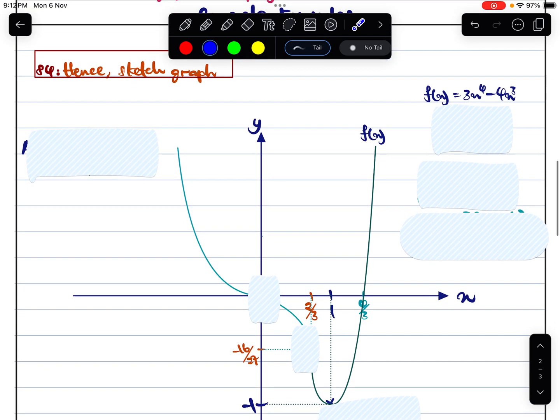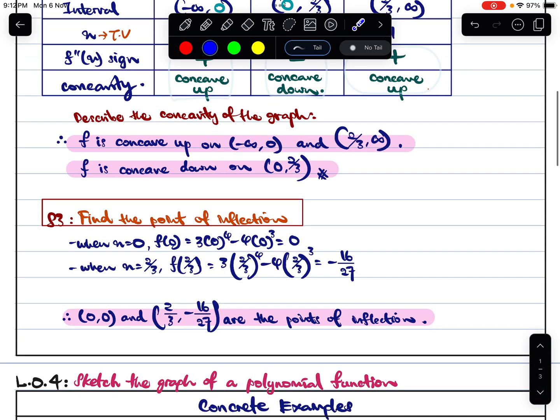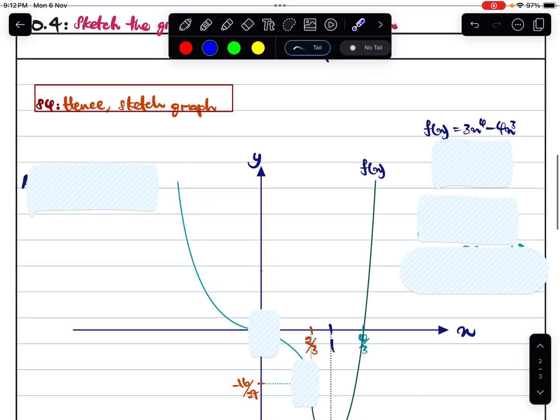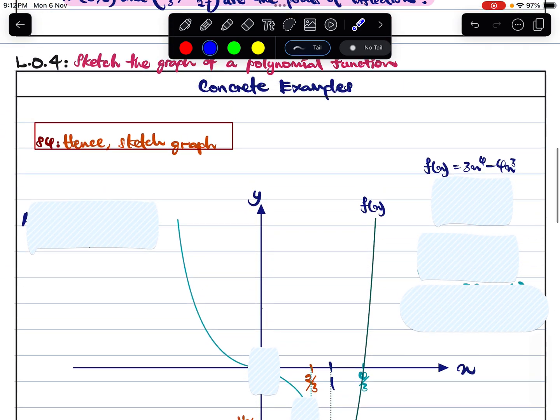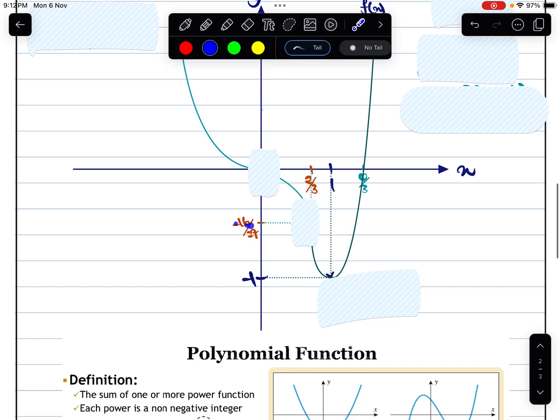So in order to sketch the graph, we make sure we write down the important coordinates. What is that? 0, 0. Do we have 0, 0? Yeah, over there. It's at the origin. How about another point, 2 over 3 with negative 16 over 27.